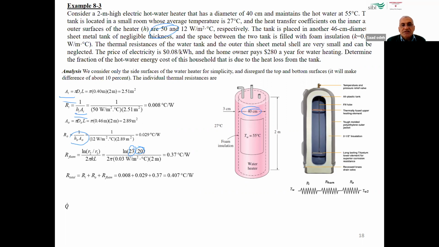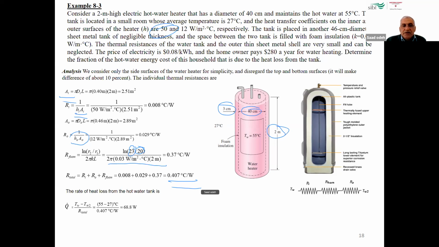The outer radius, with 3 centimeter thickness, is 20 plus 3, which is 23. The length, or the height of the tank, is already given, so you use it as the length, and then you can find the total R.